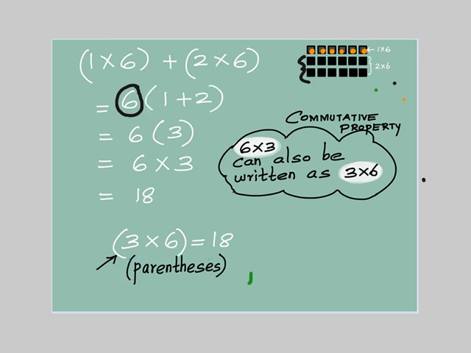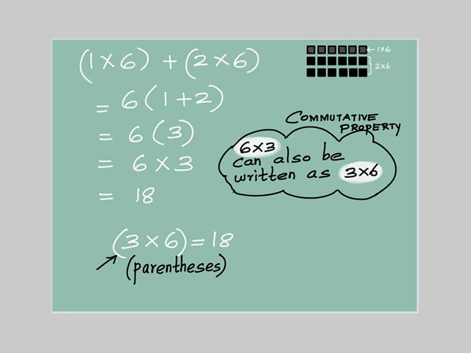Okay? So when I take 6 outside, I'm left with 1 and 2. Since I have taken this 6 and this 6 outside, I'm left with 1 and 2. So I have added those 1 and 2 numbers inside the parentheses.